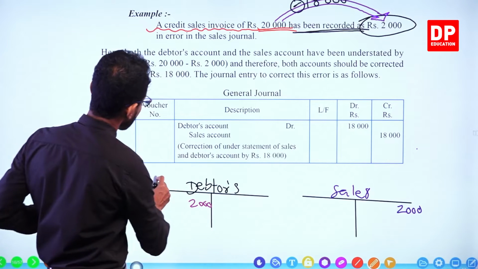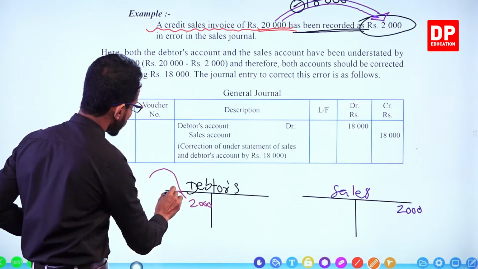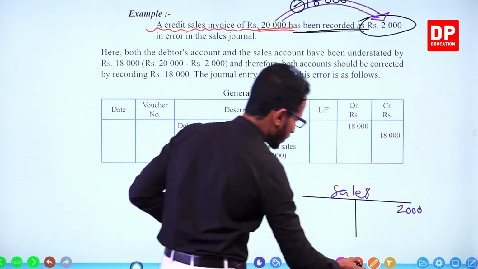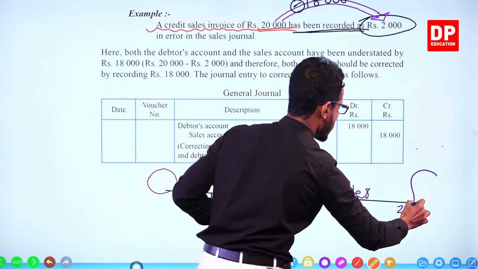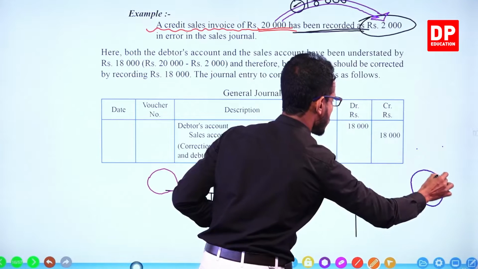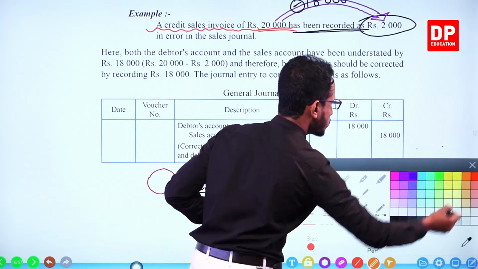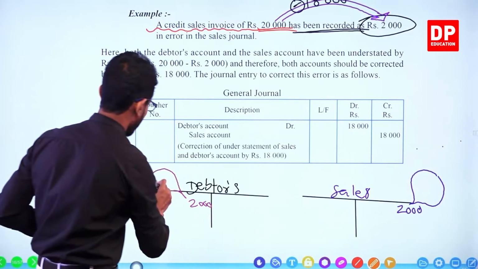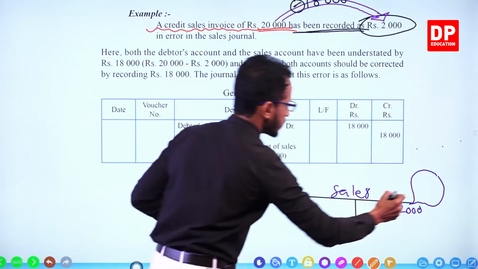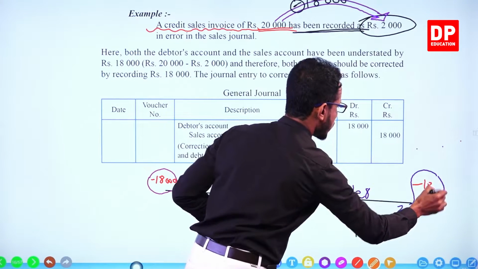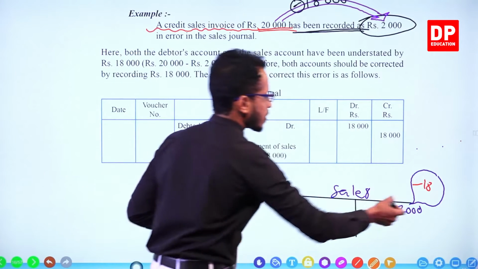Here also 18,000 less. Here also 18,000 less. This side also, in the sales account, 18,000 less.